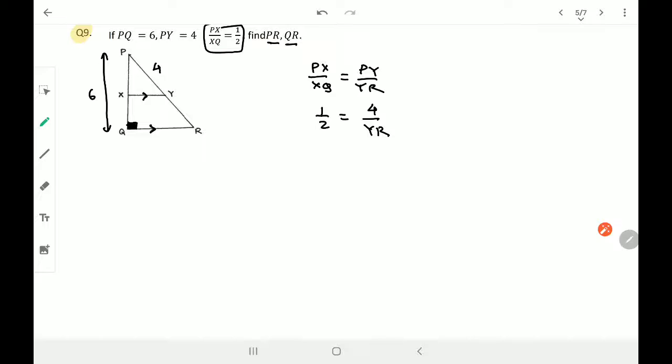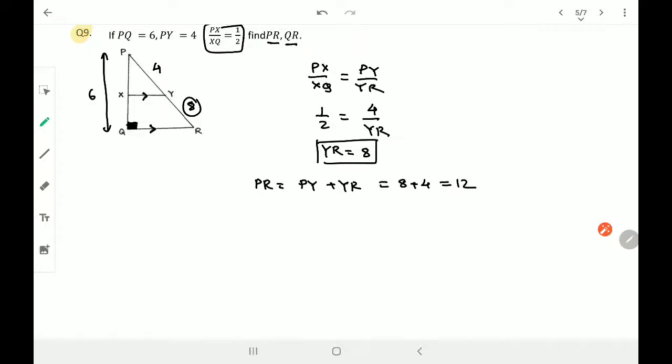So if I shift here, I get YR is equal to 2 into 4, which is 8. So YR will be equal to 8. But nowhere in the question is YR asked. I have to find PR. So can I find PR using YR? Yes. PR is equal to PY plus YR, which is 4 plus 8, which is 12.